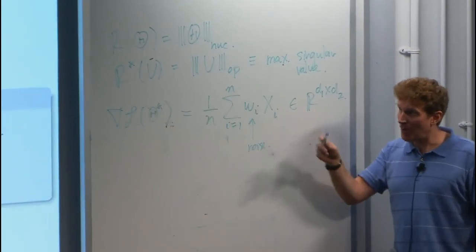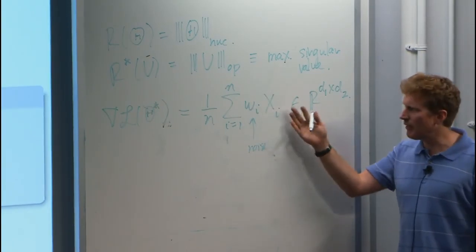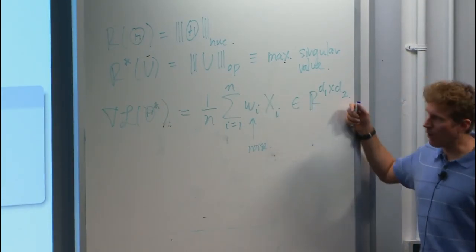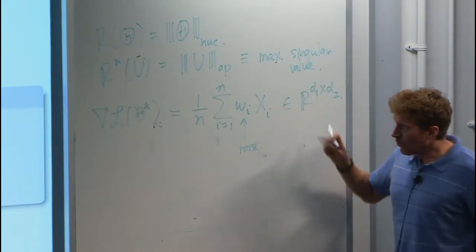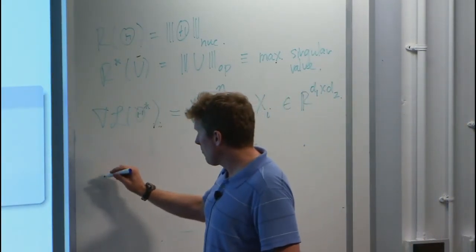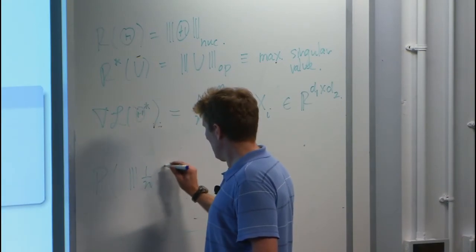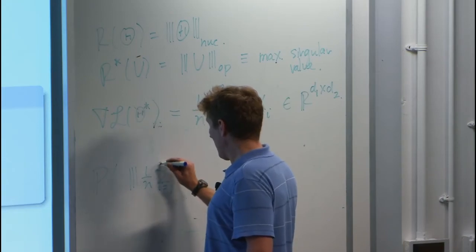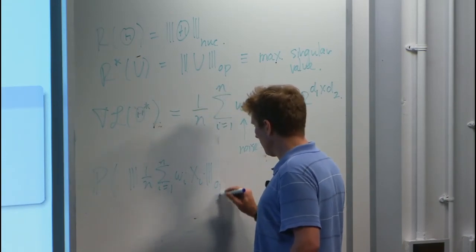These are xi's. For instance, in matrix completion, these would be mask matrices, randomly 0 everywhere except for a position, a 1. And so what I need to do is look at this random matrix and derive a tail bound on it. Depending on your model, there can be more or less work in doing that, but at least the recipe is clear.